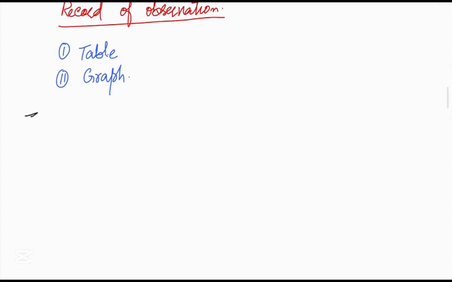So first of all we have the table. If you see a table, it consists of rows and columns.